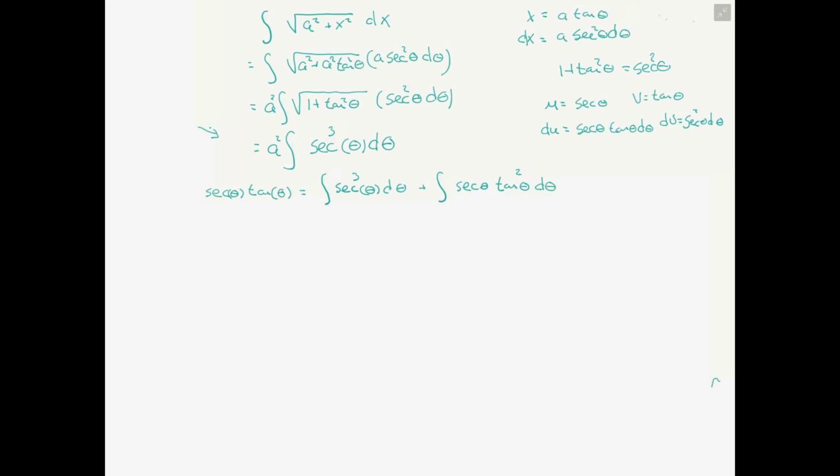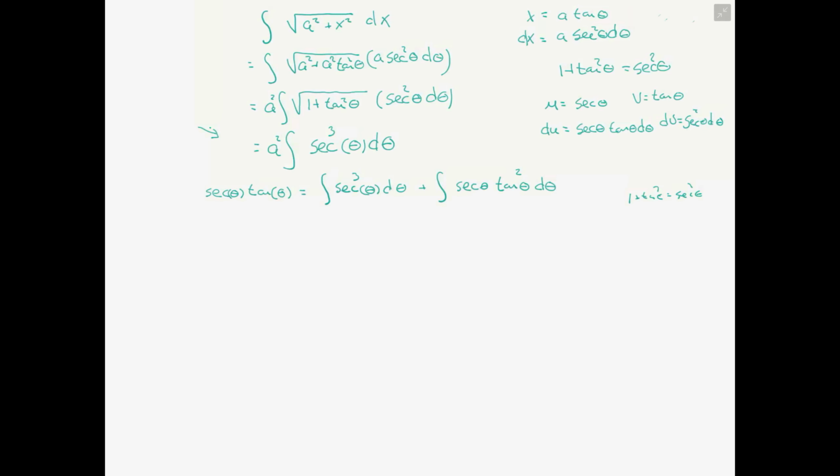Now, let's see what we've got. Tangent squared. Let's see if we use 1 plus tangent squared theta equals secant squared theta. That would lead us to, I don't know if that's the right route for us.